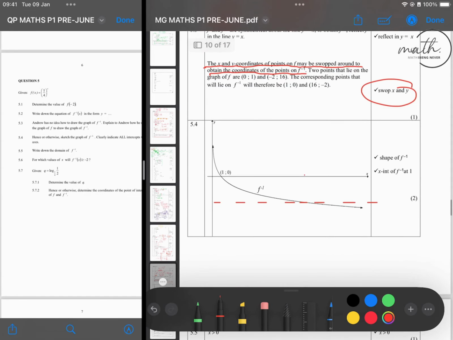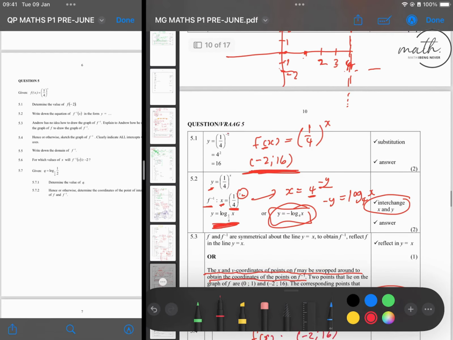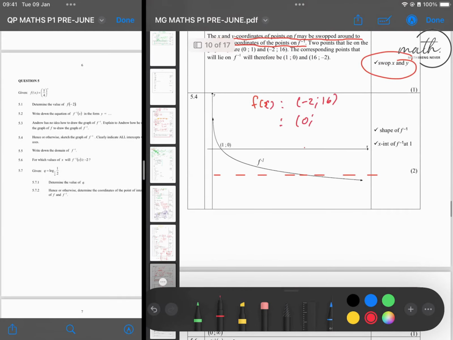So for f of x, not the inverse, we found from the first question that if x is -2, y is 16. Again, for f of x, the original, if x is 0, you can plug in 0. If you put 0 here, what do you get? You get 1. So you can use that point or use another point if you want to, but it always passes through 0 and 1. So you can always use 0 and 1.